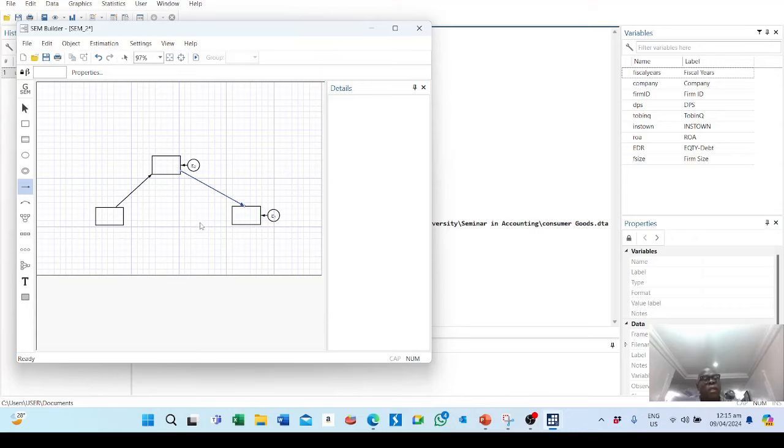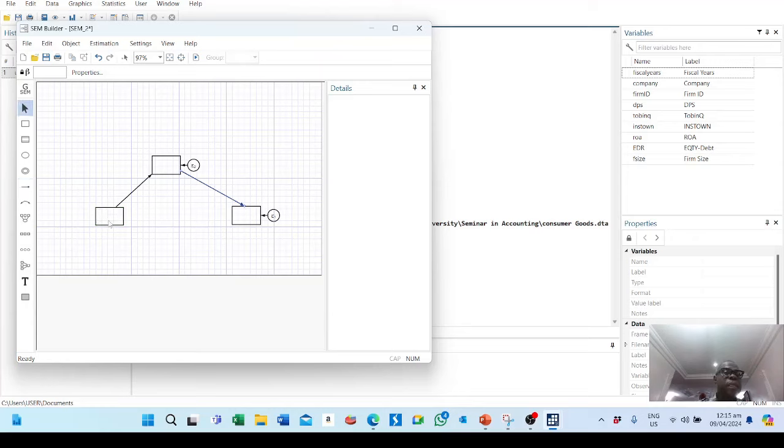And in a structural equation model, the terms basically used are exogenous and endogenous variable. The exogenous variable is equivalent to independent variable. So let's go for independent variable.